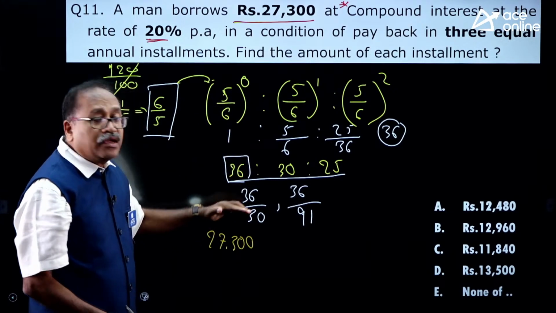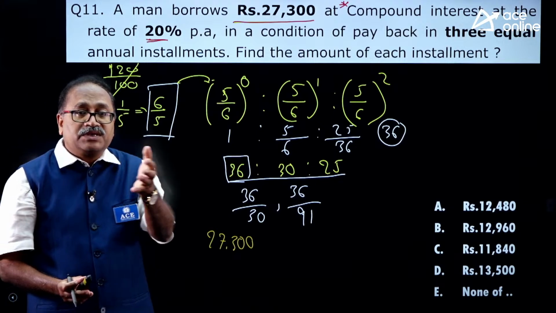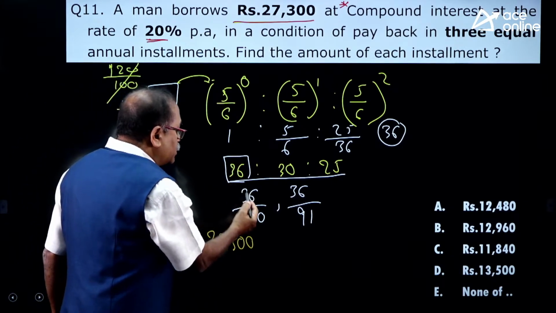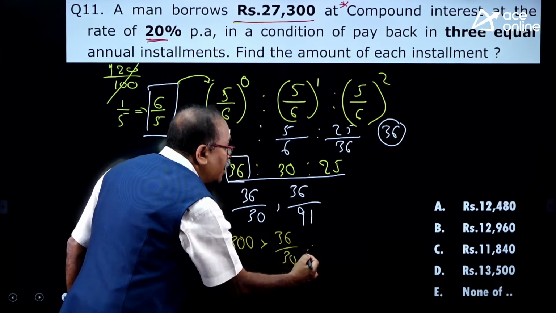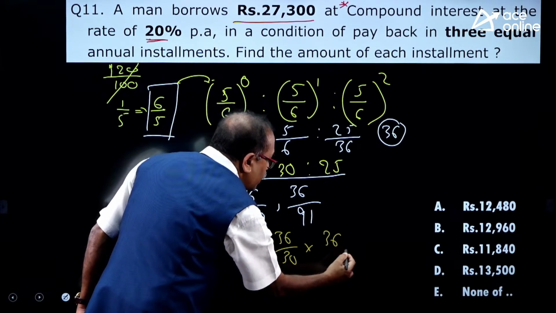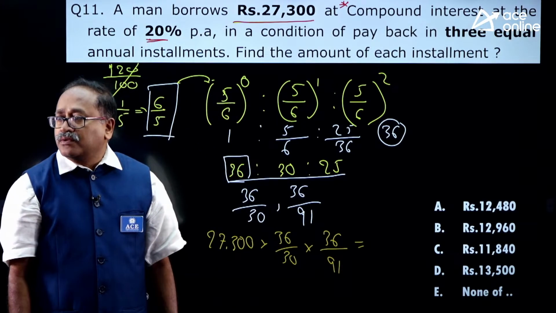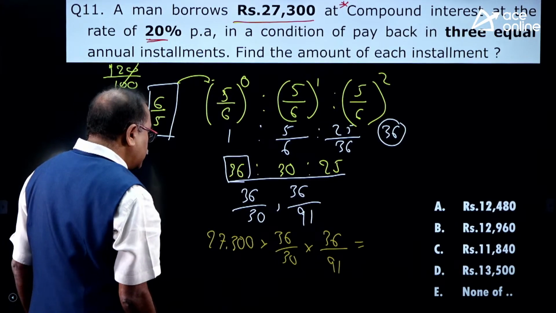So it does not matter whether it is 10% or 15% or 20%. So here it is 30 by 91 into 36 by 91. Anyone answer the question? Okay, not to worry, let me answer this one.